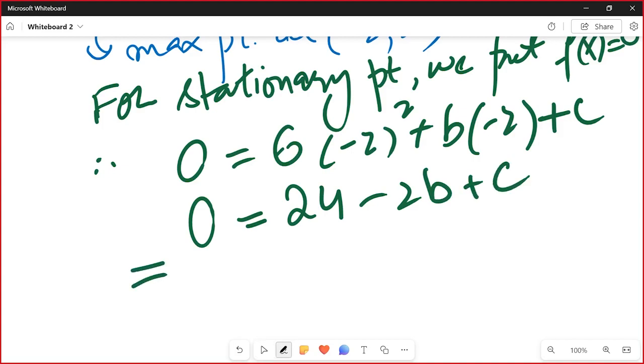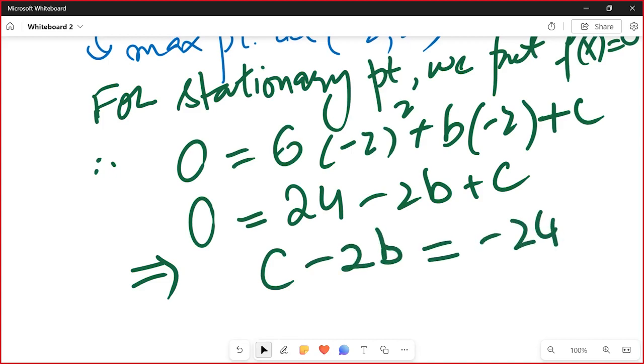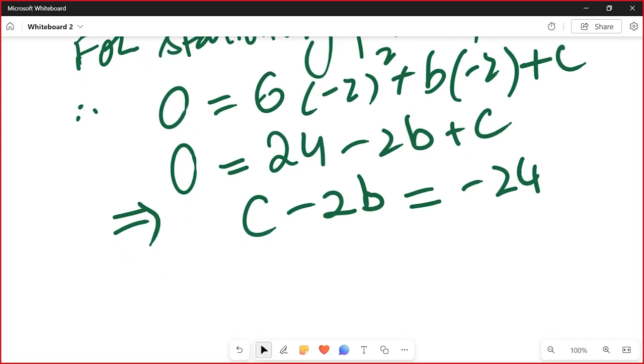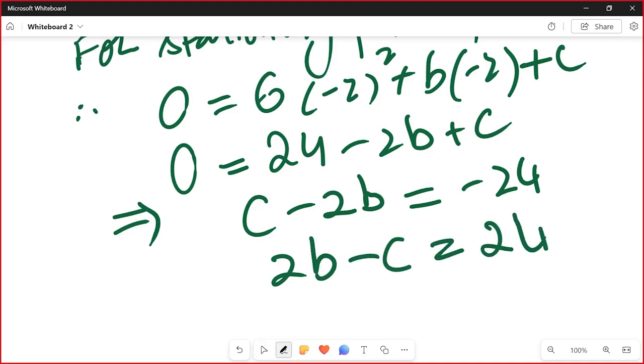Or we can write c minus 2b is equal to minus 24. Or if we want it to be positive, we multiply both sides by negative 1. So we say 2b minus c is equal to 24. So this is our first equation.